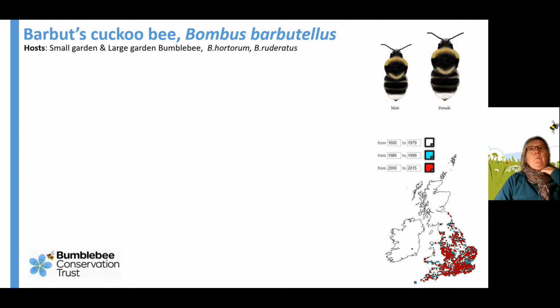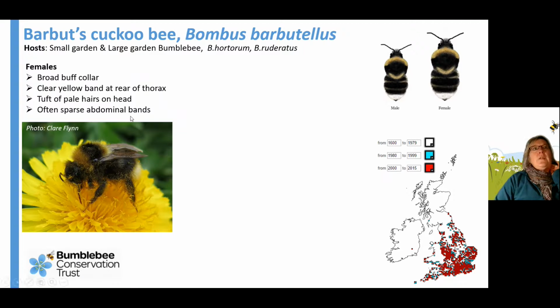Right, on to the second one that is similar, Barbut's cuckoo bee. Okay, so we're looking at a southerly distribution, and this species is a cuckoo on Bombus hortorum, the small garden bumblebee, and Bombus ruderatus, the large garden bumblebee.